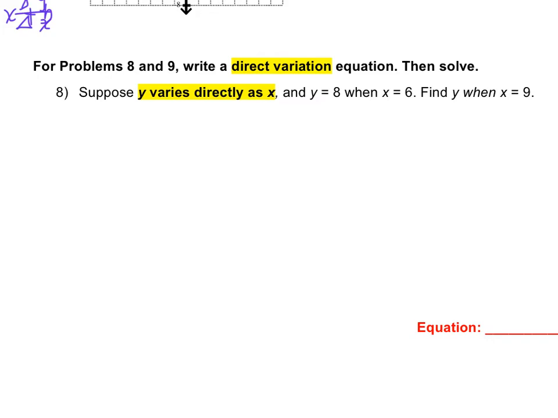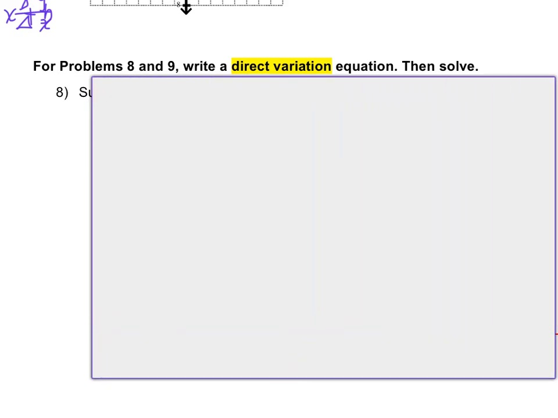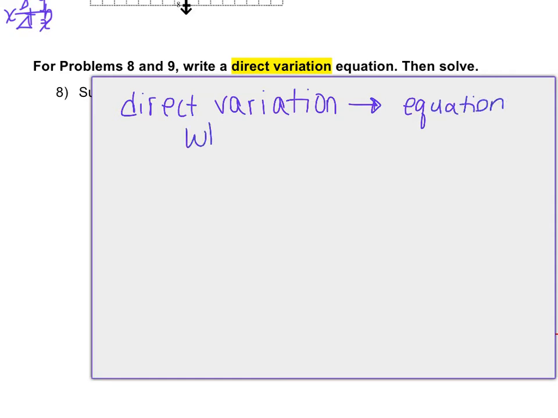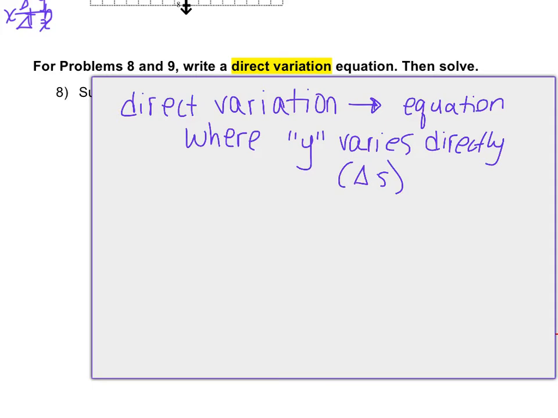Direct variation is another word for an equation where your y value varies, in other words, changes, directly with x.